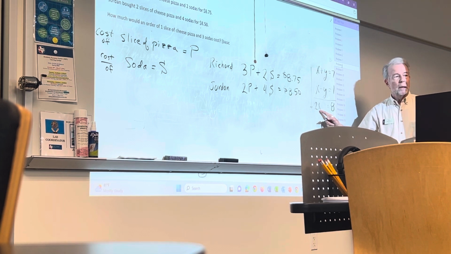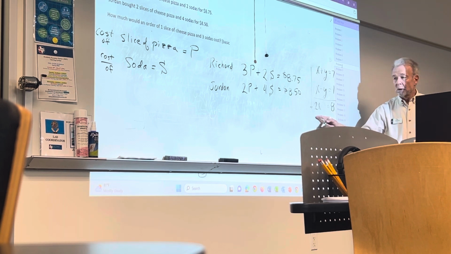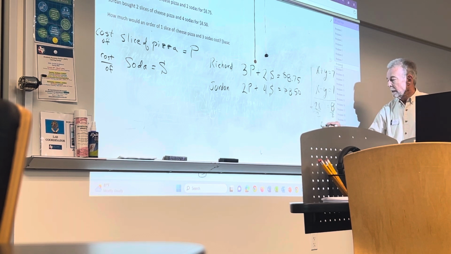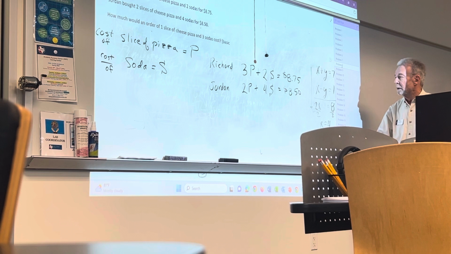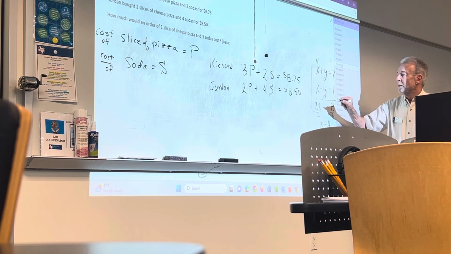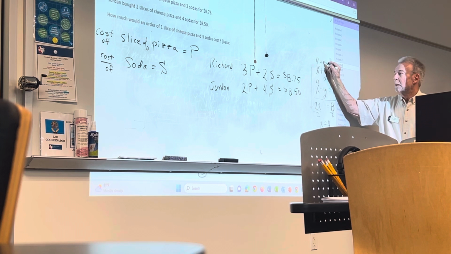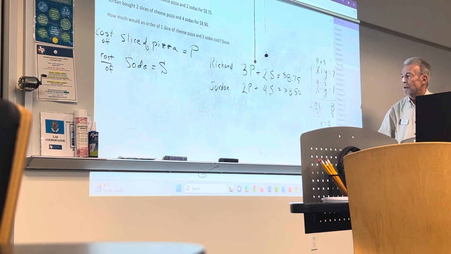Now, how do I solve for x? Remember, do the opposite, right? This is a multiplication, so I divide. So I'm going to divide by 2, and I get x is equal to 4. So if this is 4, I think you can see that, well, then y has got to be 3. That will give you your answers here.